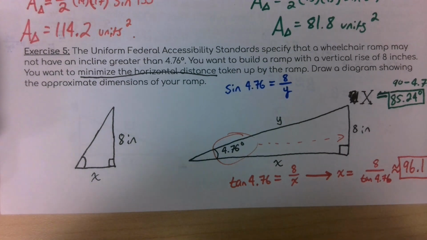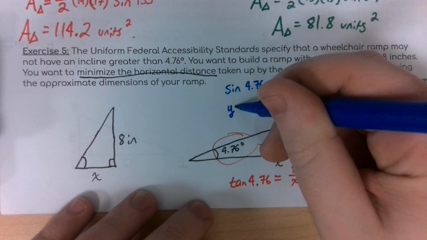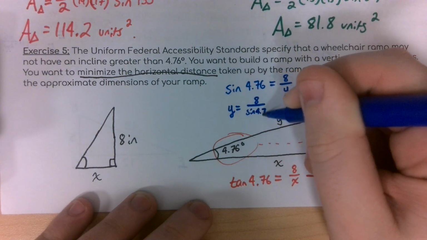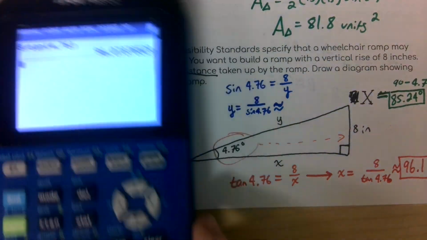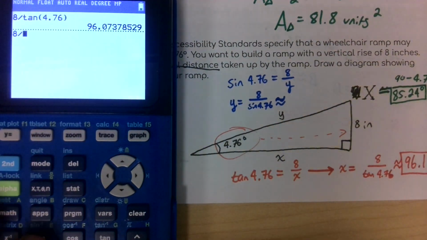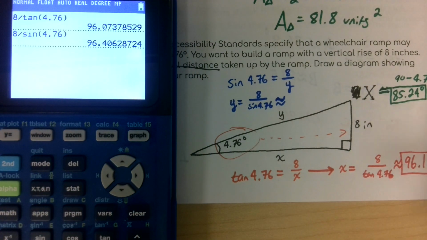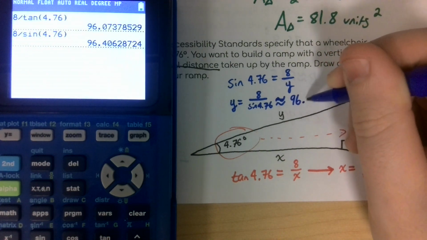Once again, we can use our switching trick to get y by itself. Y equals 8 divided by sine of 4.76. Then we put this in our calculator. 8 divided by the sine of 4.76 is 96.40. Very close in length.